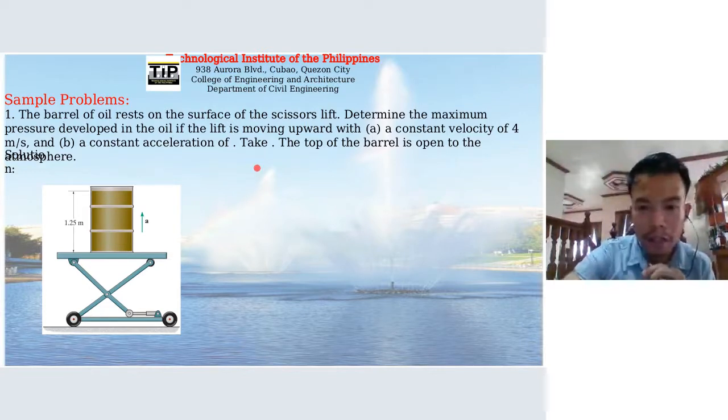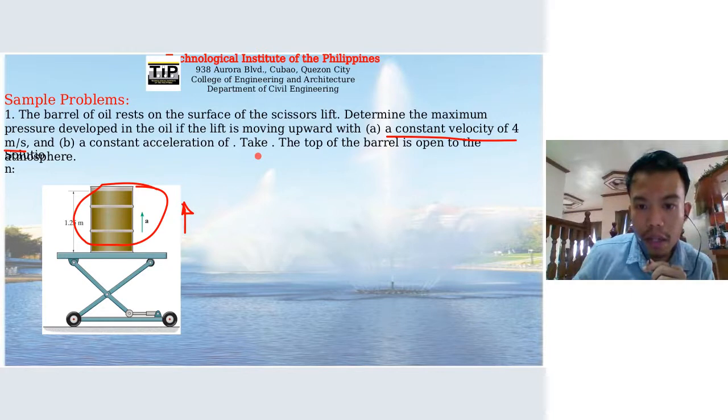Okay. So let's have number 1. The barrel of oil rests on the surface of the scissors lift. Determine the maximum pressure developed in the oil if the lift is moving upward with a constant velocity of 4 meter per second, and letter B, a constant acceleration of 2 meter per second squared.